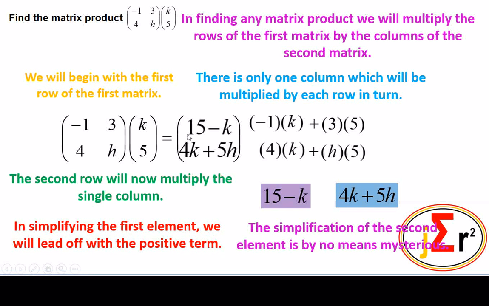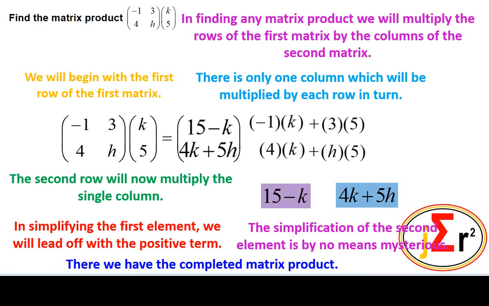This has kind of a cumbersome look, but this is just one element and this is one. Therefore, what we have here is a column matrix. And we might take a look at the reason for it being a column matrix in a short while. But as it stands, there we have the completed matrix product. The matrix product will be the column matrix 15 minus k, 4k plus 5h.